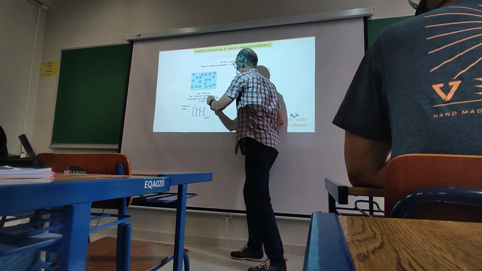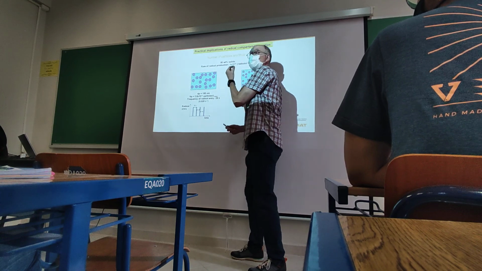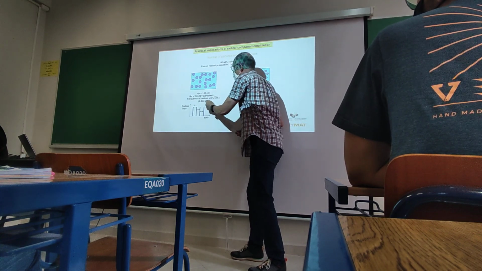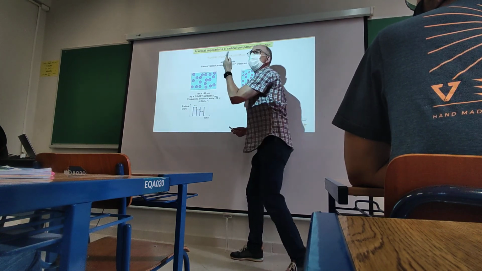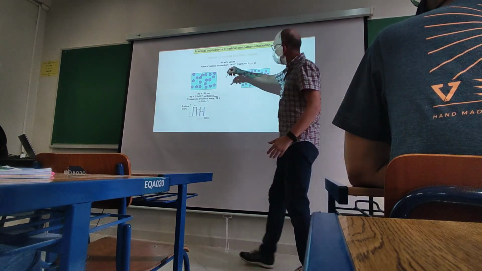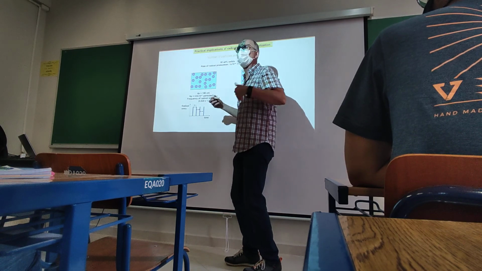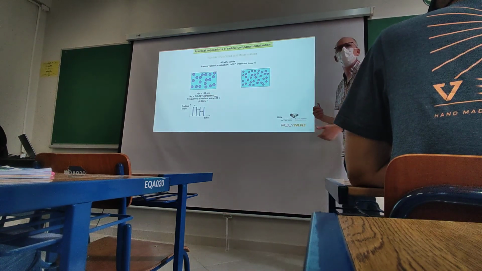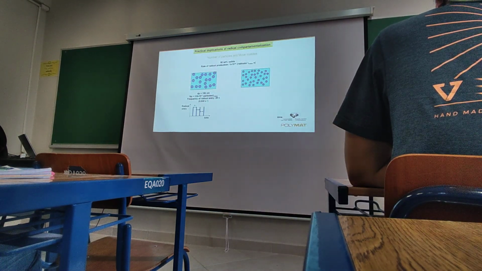Okay? That means that one radical enters every 88 seconds to each particle on average. Okay? So that means that a radical will grow for 28 seconds in the polymer particle, until another one will enter and they will terminate.